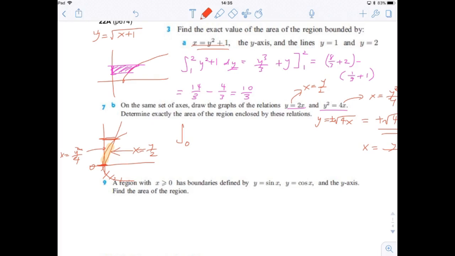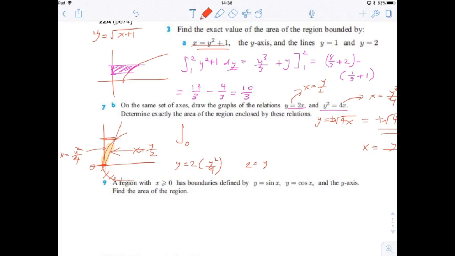So y equals 2x, I'm going to plug in y equals 2x. Instead of x, I'm going to put y squared divided by 4. And then I can divide both sides by y. I'll get y equals 2. Is that right? Yes. So y equals 2 is the intersection point.